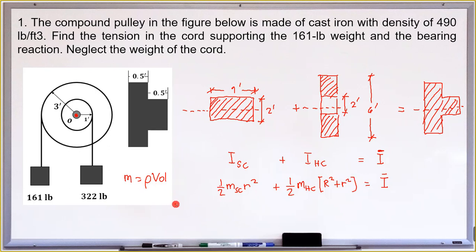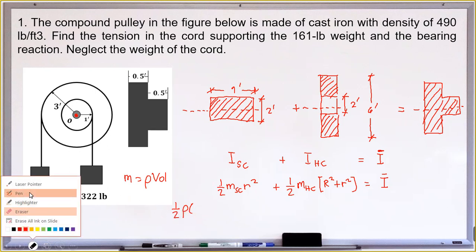So applying that, we have 1/2 the density of this compound pulley, and the volume of this solid is pi r squared, sorry, the 2 pi is for the circumference.